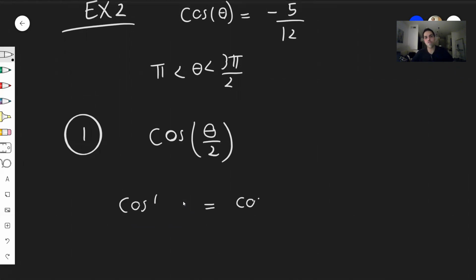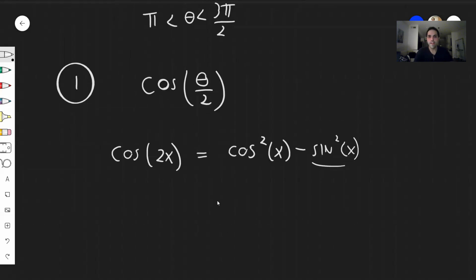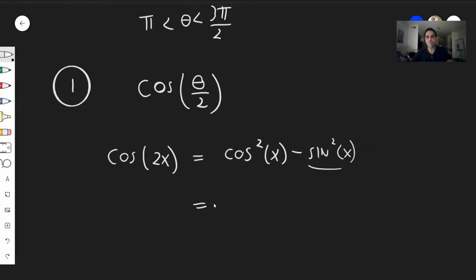So cosine of 2x equals cosine squared of x minus sine squared of x. And let's write this sine in terms of cosine. You will see why. Because this then becomes cosine squared of x minus 1 minus cosine squared of x.